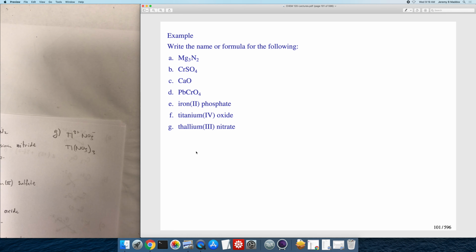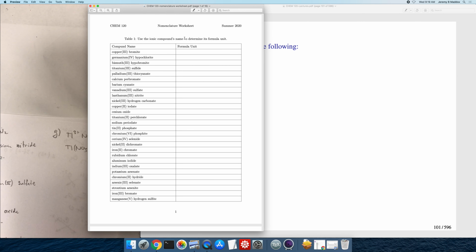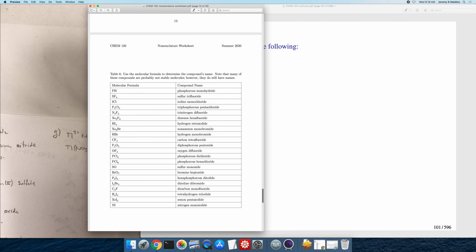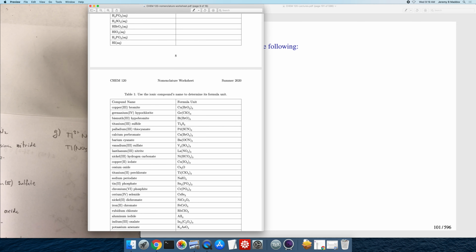Before we move on to the molecular compound names, I want to point out that on Blackboard I have a set of worksheets where it's just for you to practice. So there's just a whole bunch of ionic compound names, and you need to figure out what the formulas are. The answers are given at the end of the worksheets. So you do have the answers available to you.